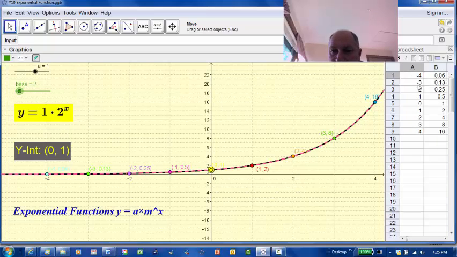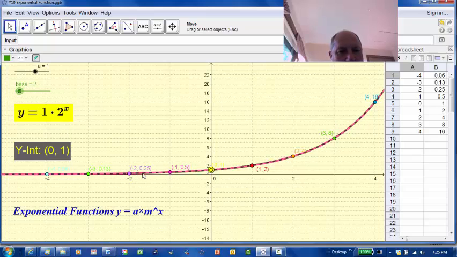If I put in negative numbers for x, we get very small answers. If you remember our work on indices, putting a negative number into a power doesn't create a negative answer, but creates a fractional answer. So when I put negative 1 into the rule, it becomes 1 times 2 to the negative 1, which is the same as 1 times a half, and that's why you get 0.5.